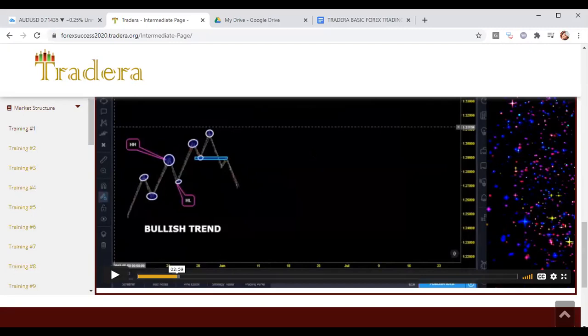Does that make sense? Yes. Everyone understand? Do you understand how this right here was structured, and once it broke, we're no longer bullish? Yes. Okay.